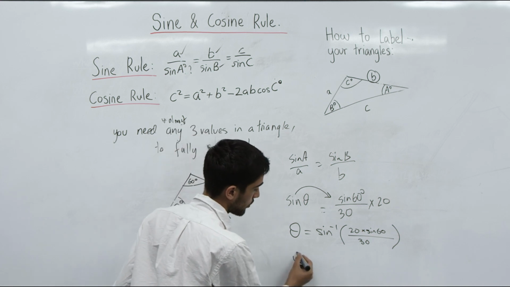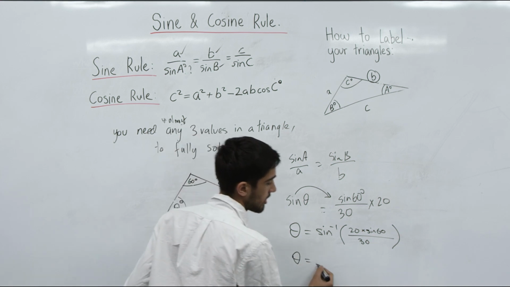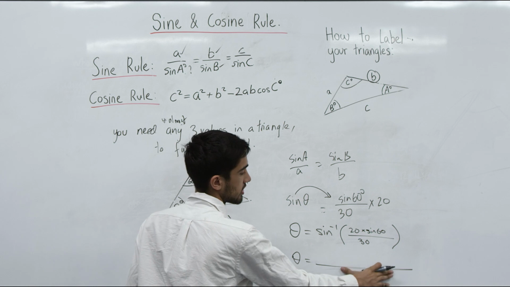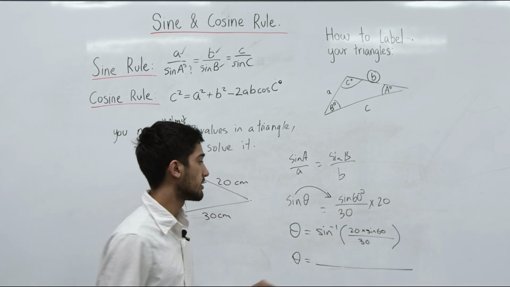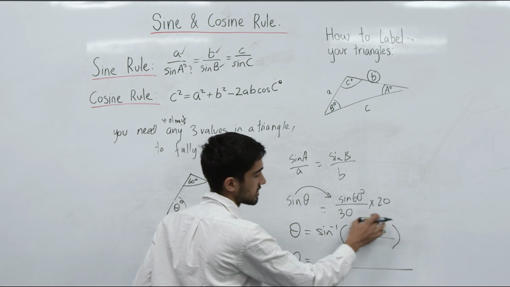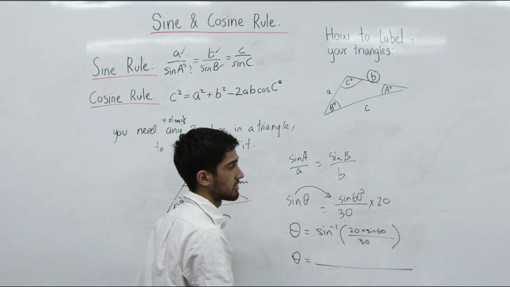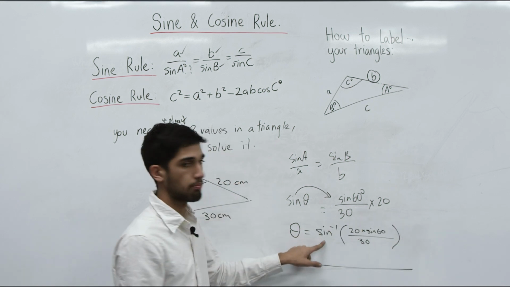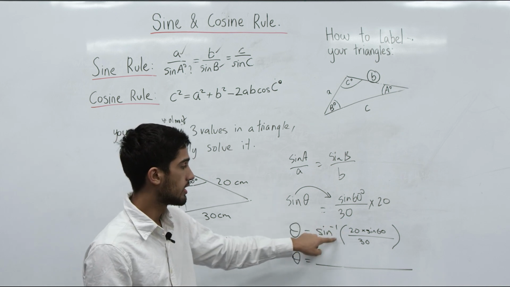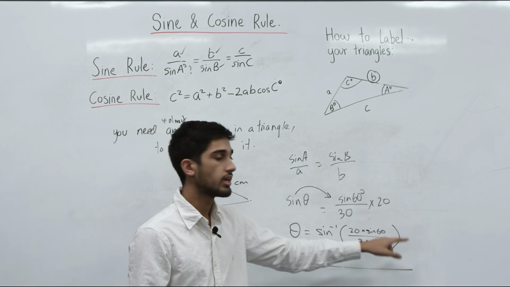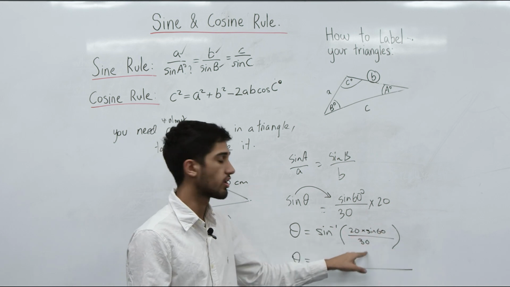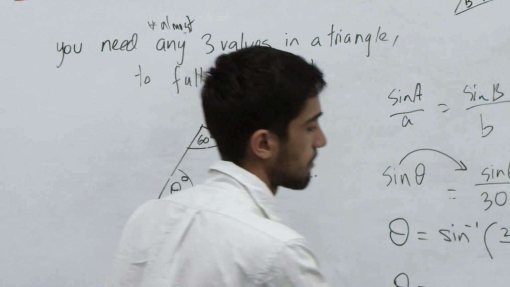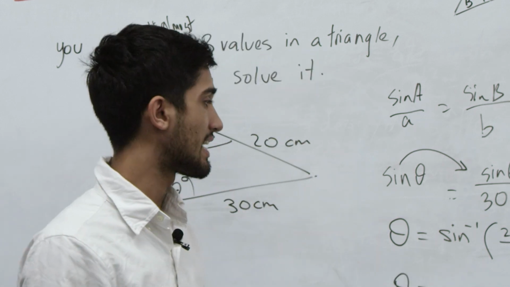Now, all you have to do is type that into a calculator and you'll get the answer, which we will insert here. But the way I would personally do it is you can write this all at once in your calculator. You can press the shift button on your calculator and then press sine to get sine inverse. You can write a set of brackets, and in your brackets just write 20 times the sine of 60 over 30, close the bracket, type it all at once, and you'll get your most exact answer.